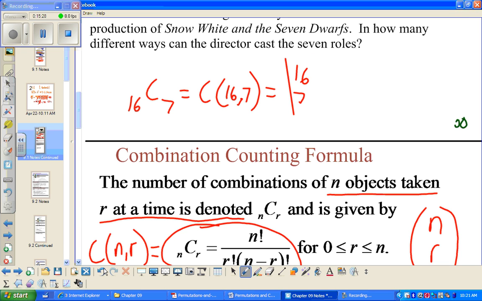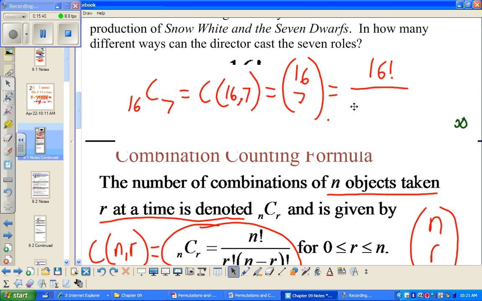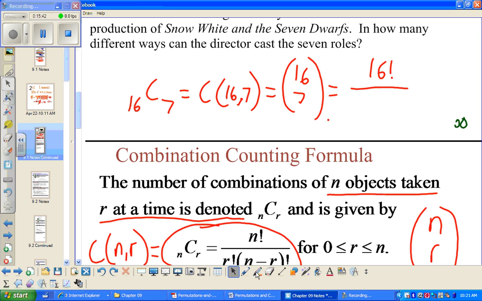Which would be 16 factorial divided by 7 factorial times 16 minus 7 factorial.